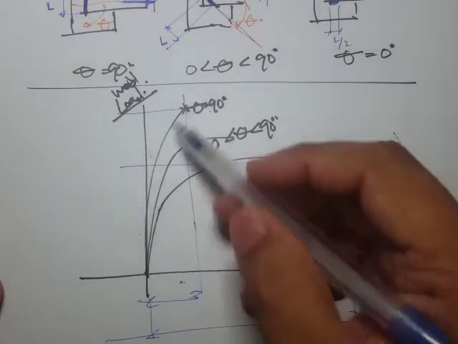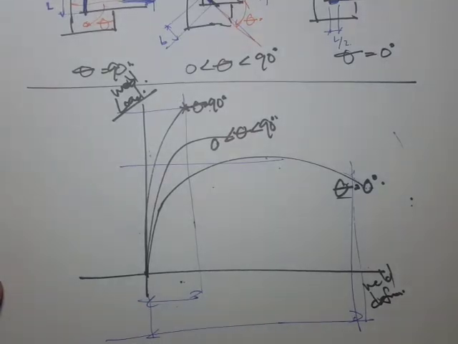Although it is strong, it is brittle. And again, when you say brittle, it means that it can fracture immediately, or it fractures without going under plastic deformation.